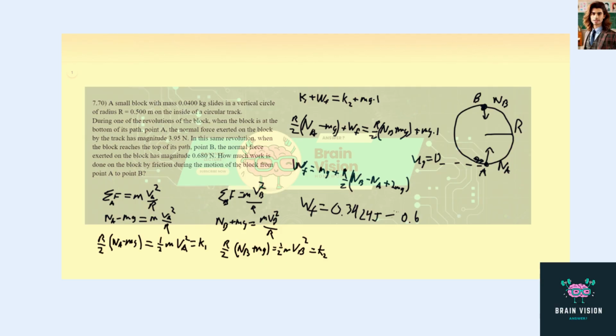Minus 0.6213 joules. So that means we get the work due to friction is equal to negative 0.229 joules. That's our work due to friction.